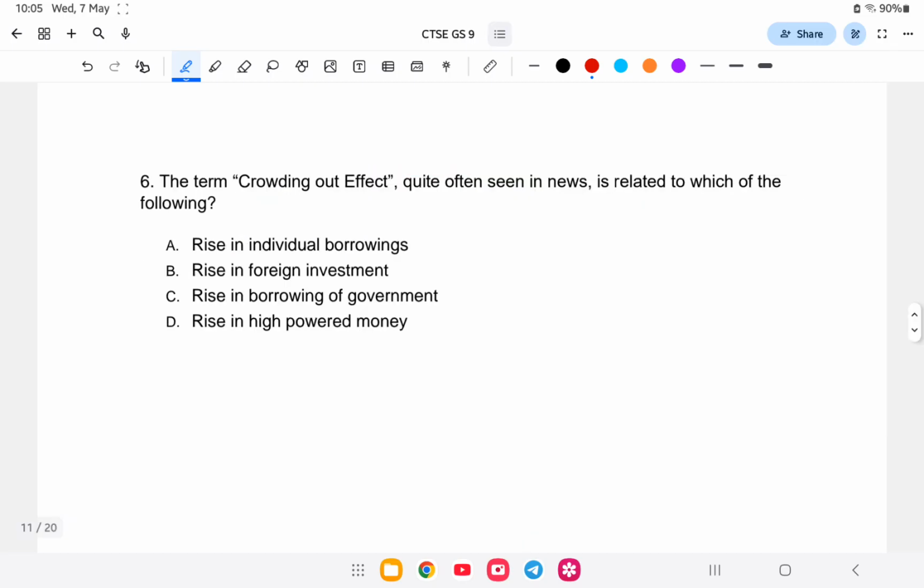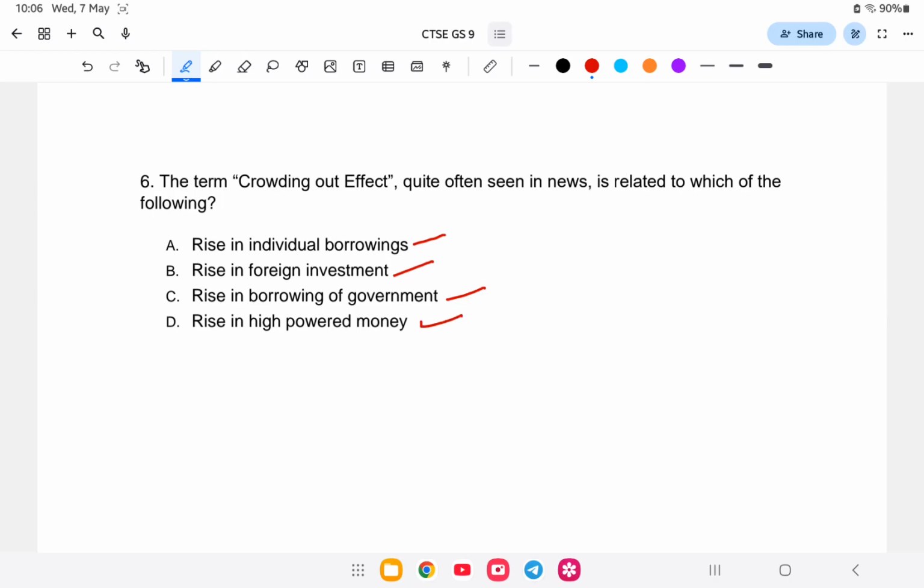Question number 6. The term crowding out effect, quite seen in news, is related to which of the following? What is the crowding out effect? It is an economic term. Let us study. The options are rise in individual borrowing, rise in foreign investment, rise in borrowing of government, or rise in high powered money.